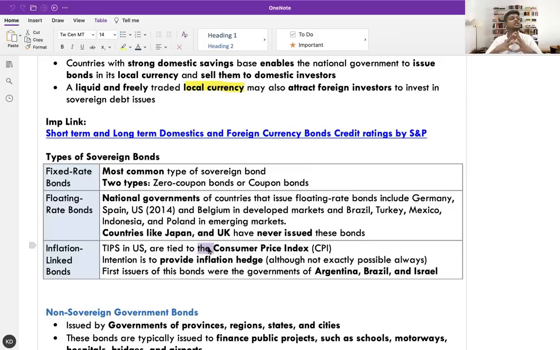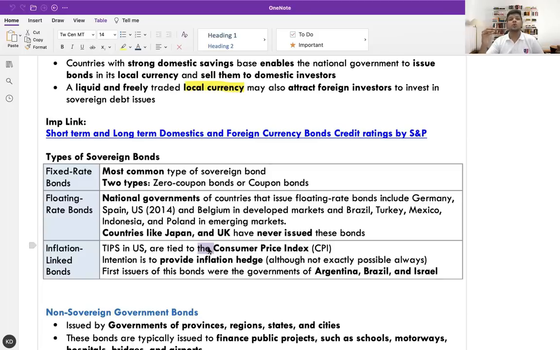So here the inflation is based on retail prices. As the consumer price index increases or decreases, your bond's coupon will change accordingly, right? So they provide more of an inflation hedge, correct? Anyone who thinks that inflation is going to rise can invest in such bonds, right?